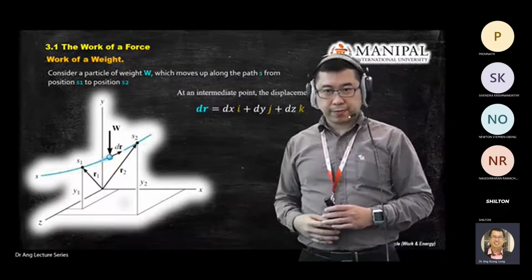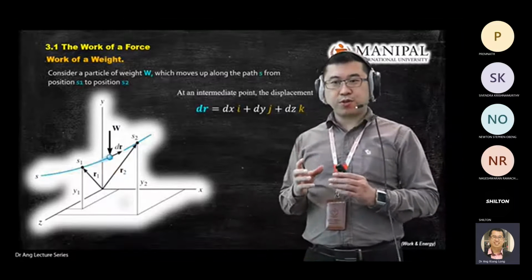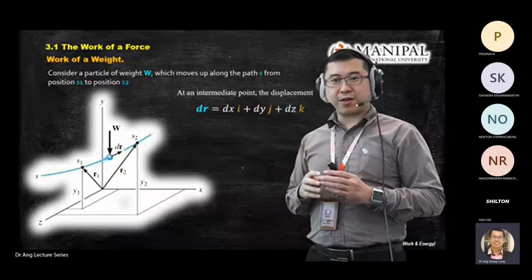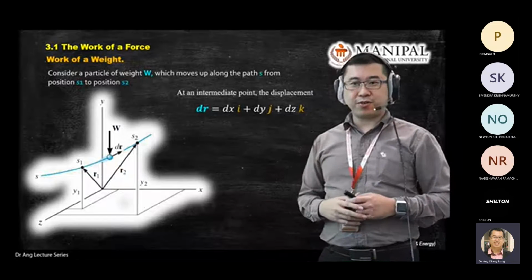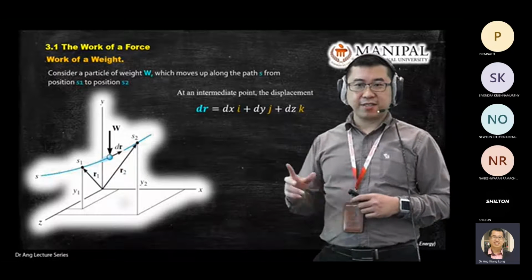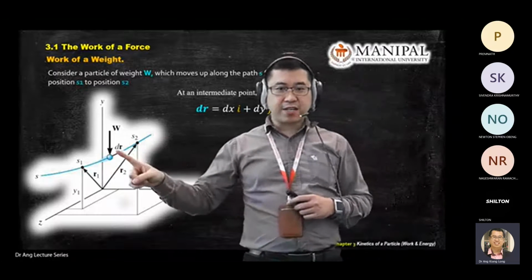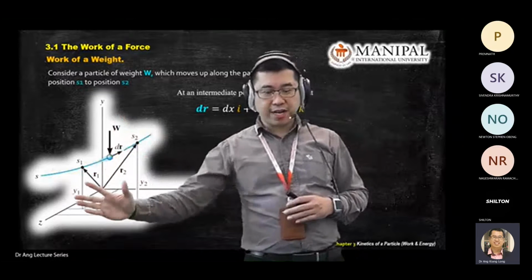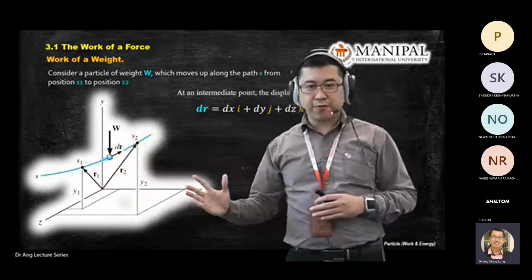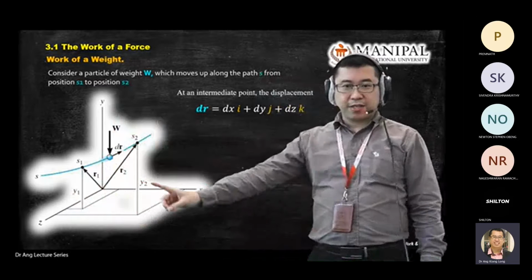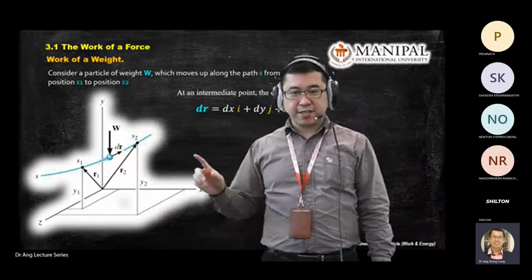So now we start to use vector or three-dimensional identities. In three dimensions, your dr is a vector.